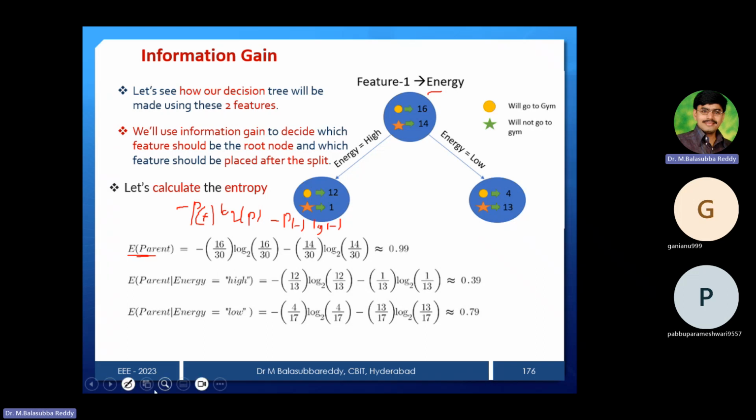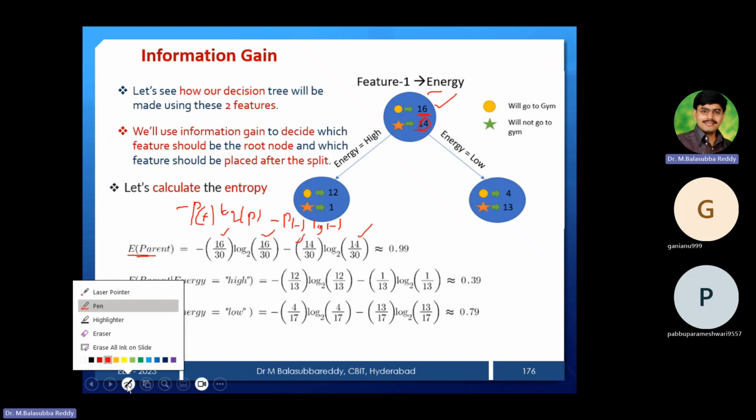In this case, which one is positive? Let 16 be the positive count and 14 the negative count, and the total is 30. So the positive probability is 16 by 30, so minus 16 by 30 log 2 16 by 30, minus 14 by 30 log 2 14 by 30.